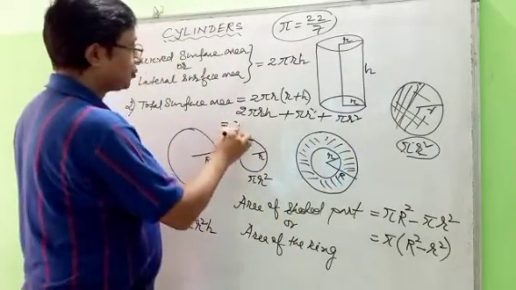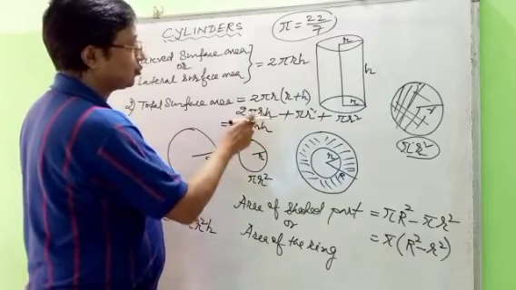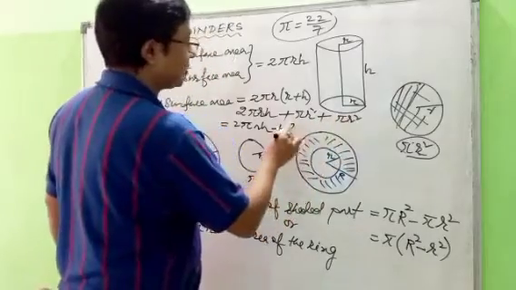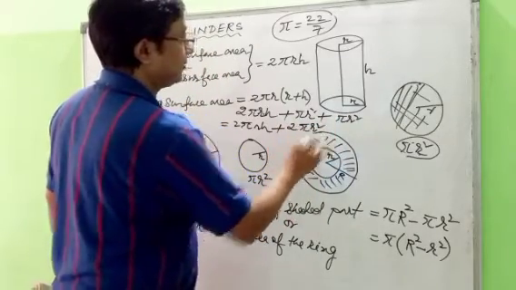Now you add this: 2 pi r h plus pi r square plus pi r square, which gives twice pi r square.